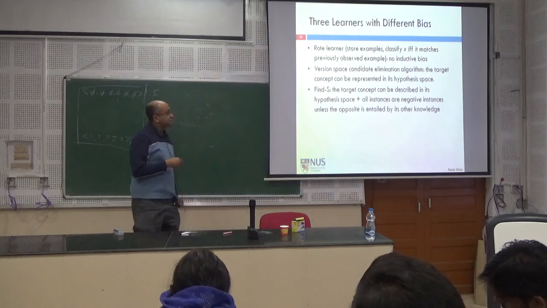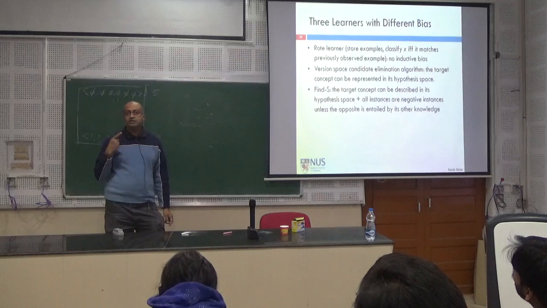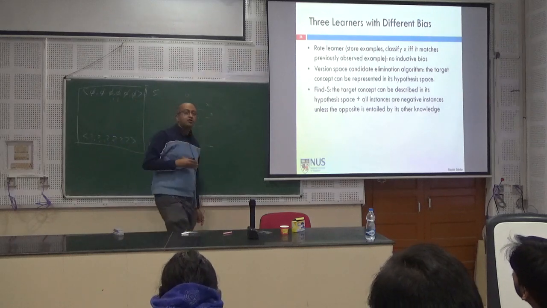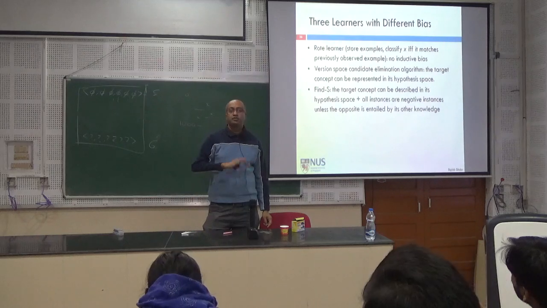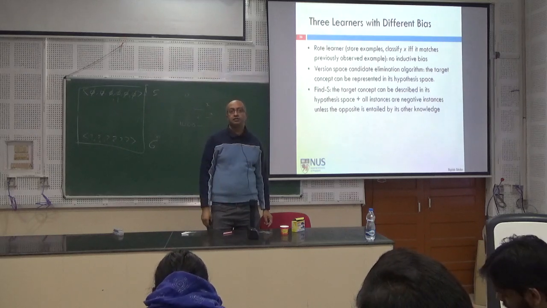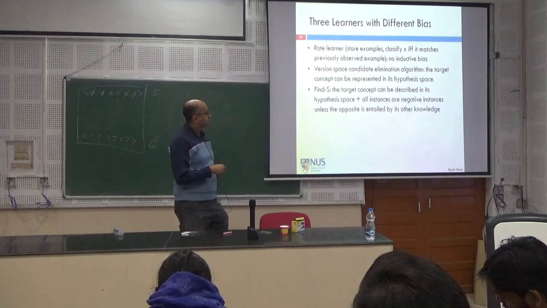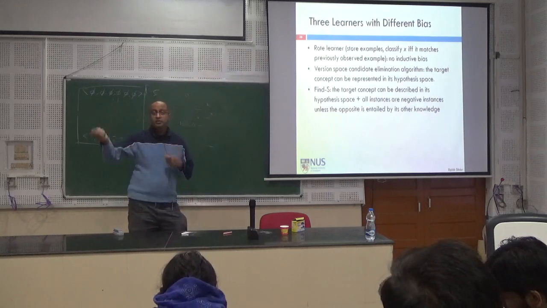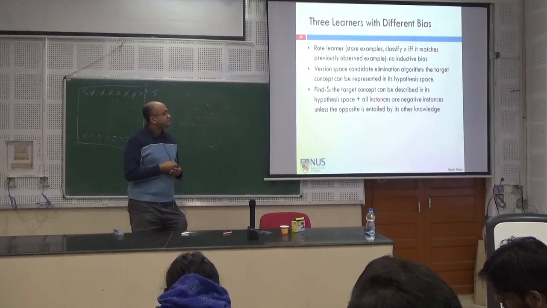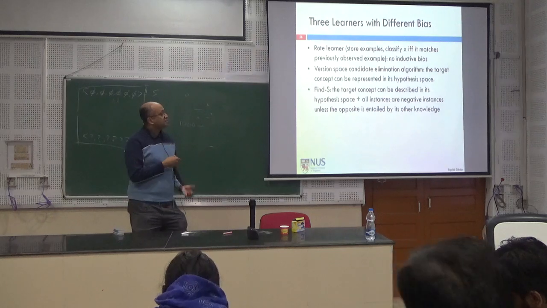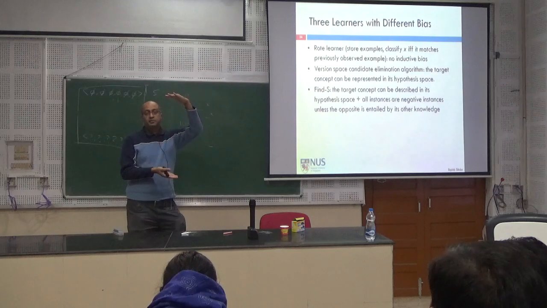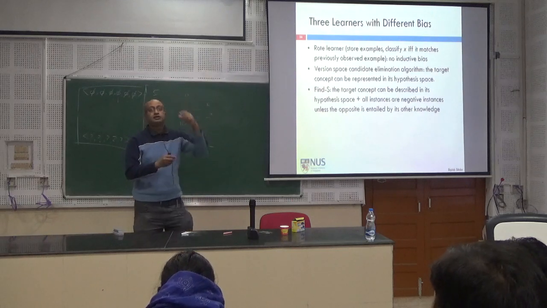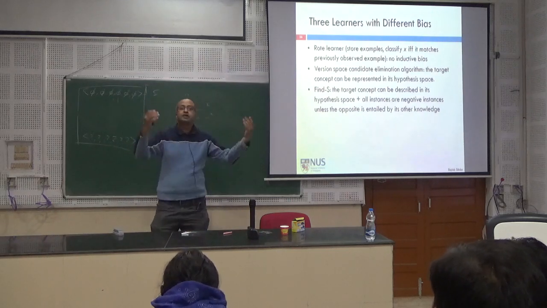And the Find-S algorithm. In Find-S, remember what happened? I was only looking at the positive samples. I wasn't looking at the negative samples at all. Right? So in this case, it's a little bit more. First thing is, we are making the same assumption as candidate elimination, that whatever space I'm searching, the real thing is definitely in there, so it's conjunctions.